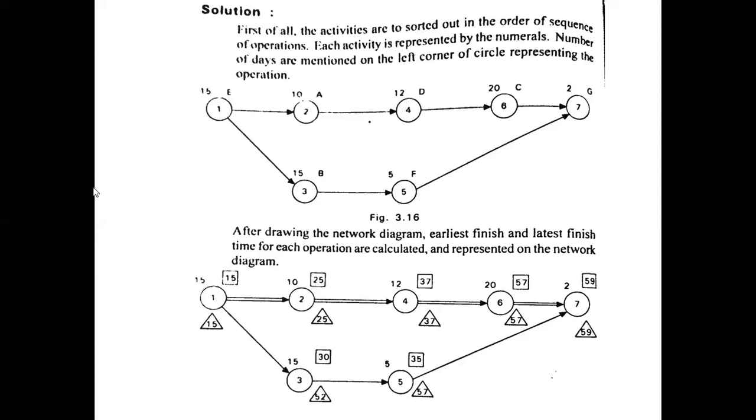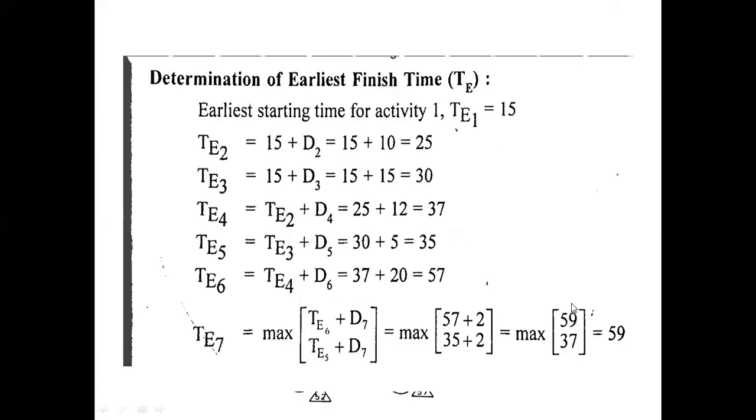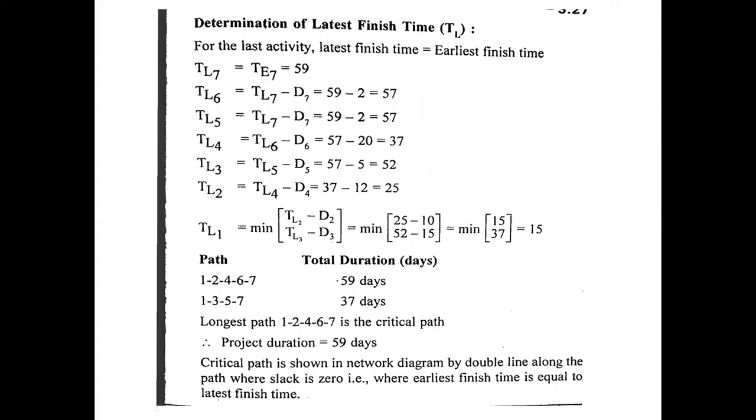So 1, 2, 4, 6, 7 can be considered as the critical path. So the maximum duration of the project time can be given as 59 days.